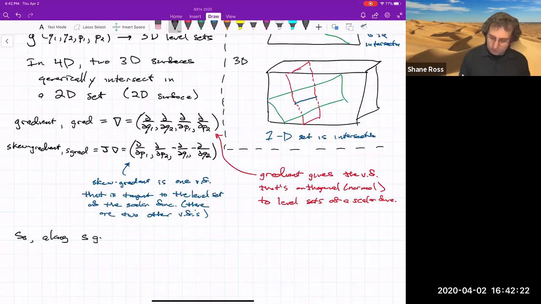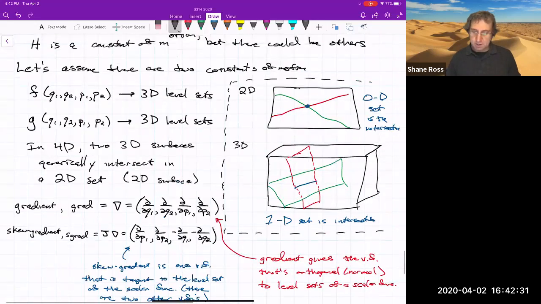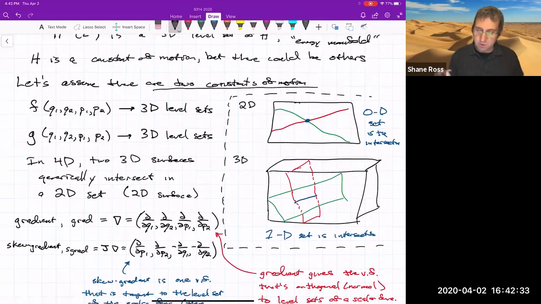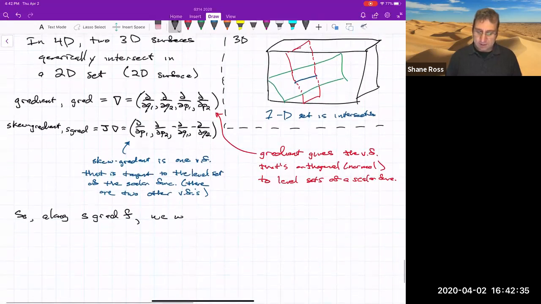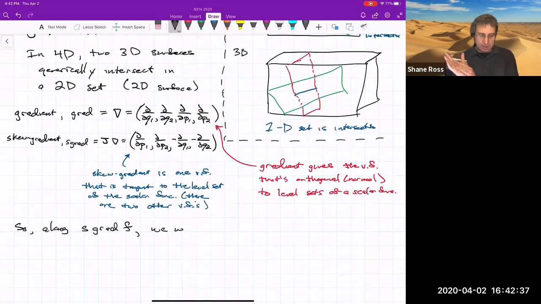So along S grad F, by assumption, there are two constants of motion. How is that possible? Along S grad F, that vector field, we want G to remain constant.